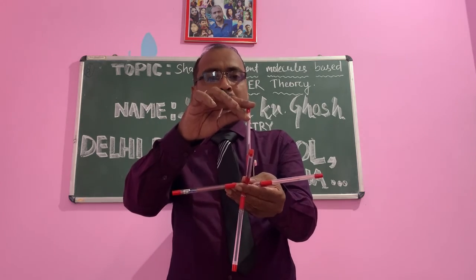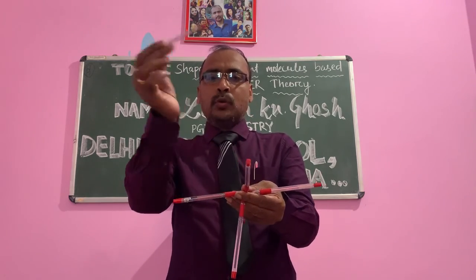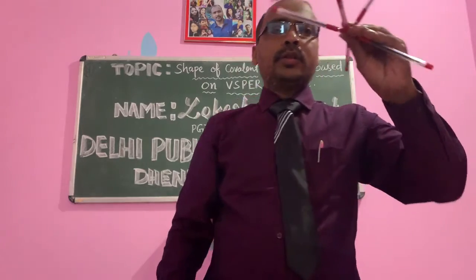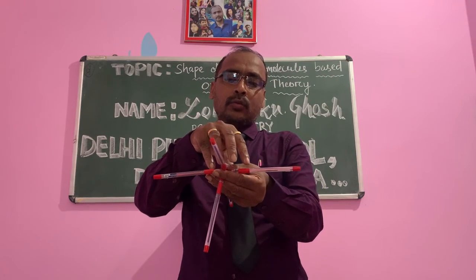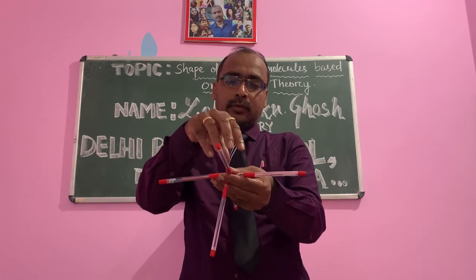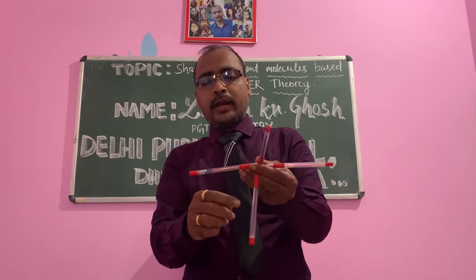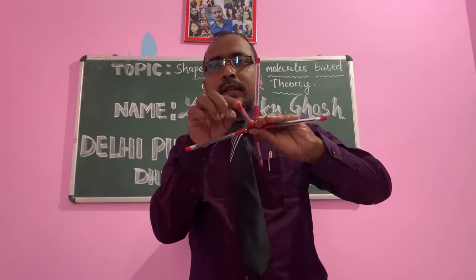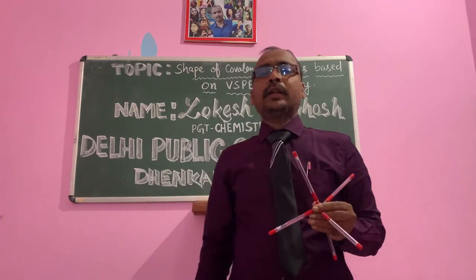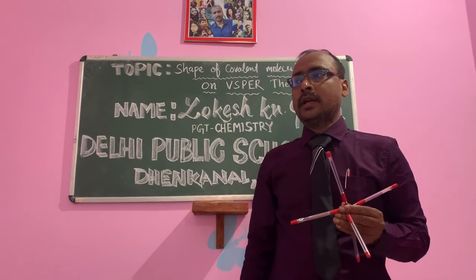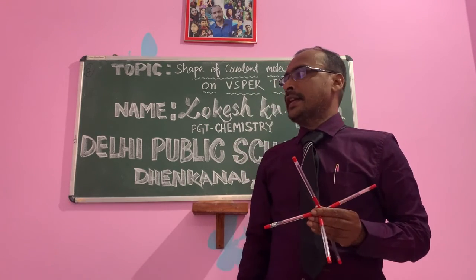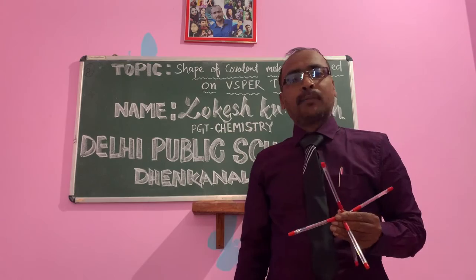In AB5E type you remove one axial bond. The lone pair pushes the bonds, so the bond angle decreases to less than 90 degrees. The hybridization is sp3d2 type, and the example is ClF5, chlorine pentafluoride.